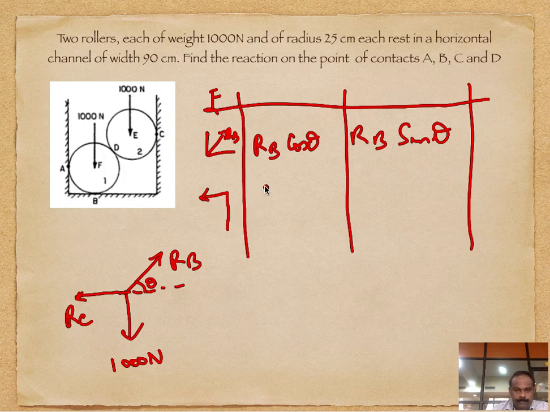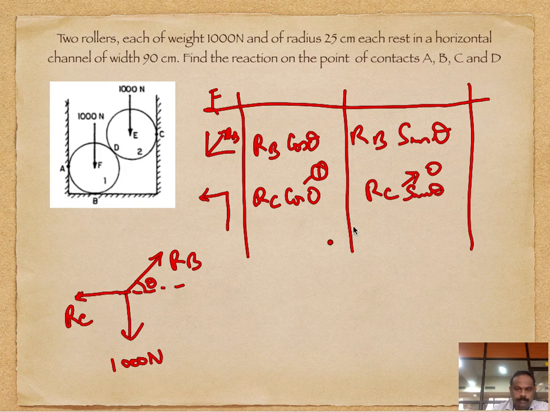this is RC cos 0, and the cos 0 is 1, and RC sin 0 is 0. So this will turn out to be 0, sin 0, and finally this one, 1000 Newton.